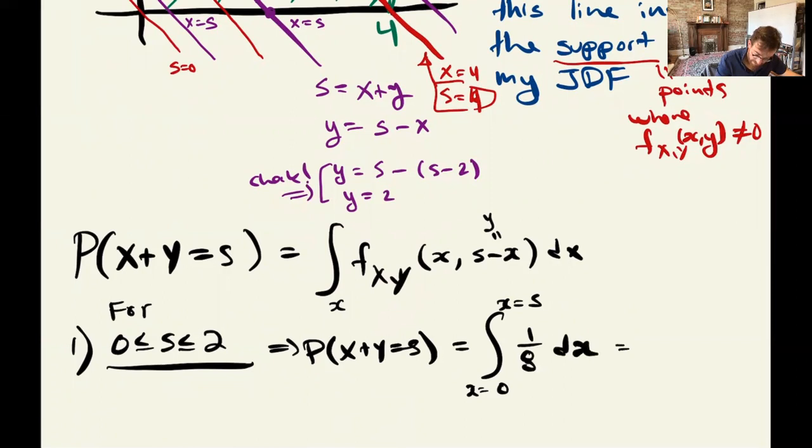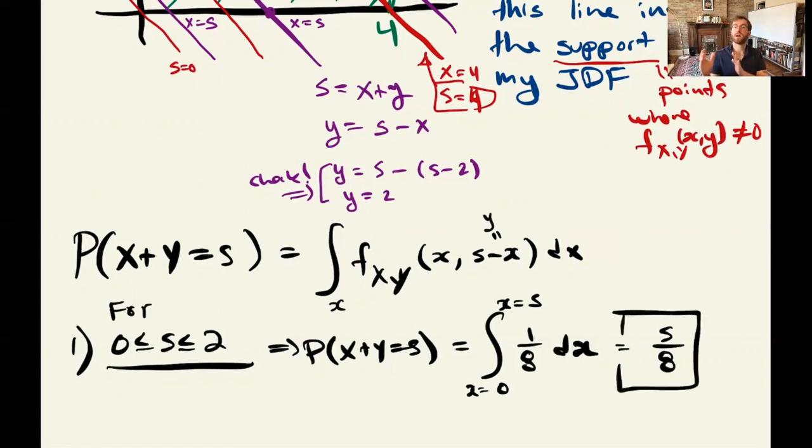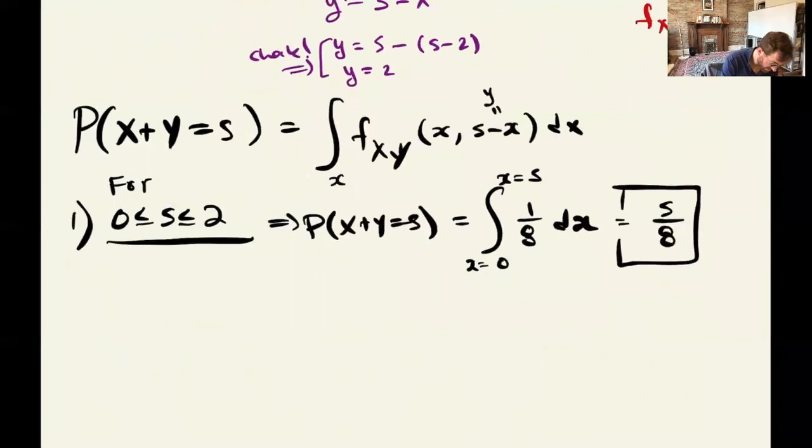Well, that just ends up equaling s over 8. All right, so I've now determined my PDF for s for at least this range of values. So let's go ahead and do the next one.